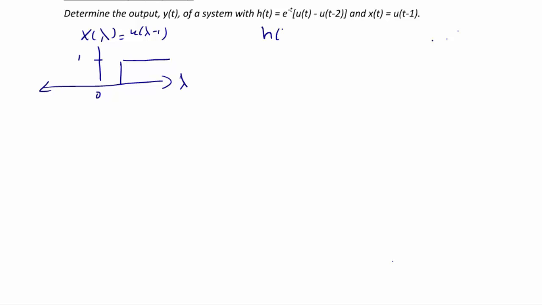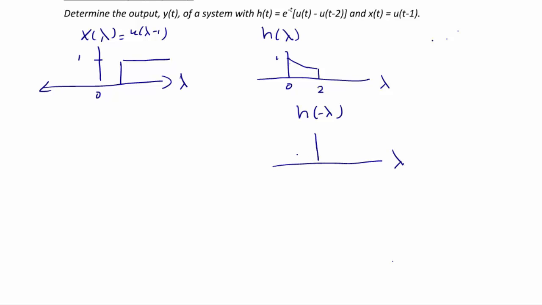H of lambda is an exponentially decaying function that starts at time 0 with an amplitude of 1 and dies off and turns off at time 2. So we flip it first, so that's h of negative lambda.